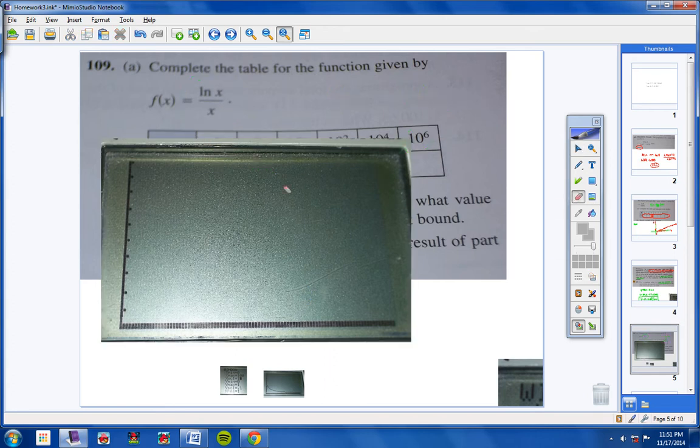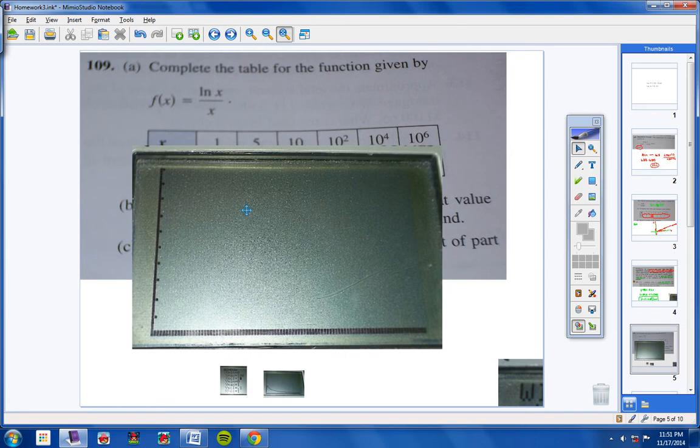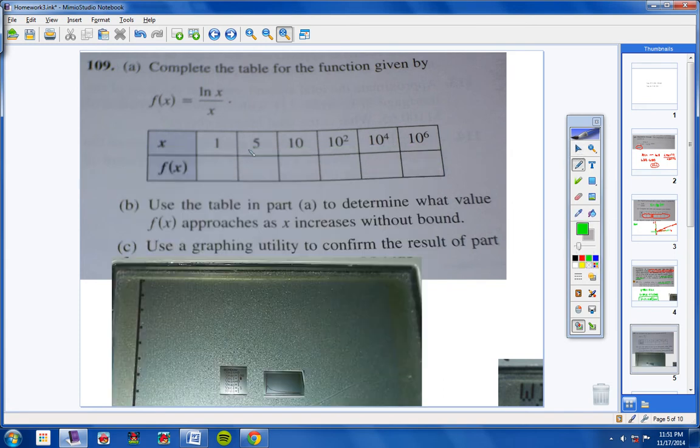So I got to looking at it, and it dawned on me, guys, think about it. Look, and you got to really think about this. Look, you've got 1 giving you out 0, 5's giving you out barely above 0, 10's giving you out almost 0.23, and then you go up to 100, 10 squared, and that gives you out 0.04. Then you go up to 10,000, 10 to the 4th power, and you go to 0.04.